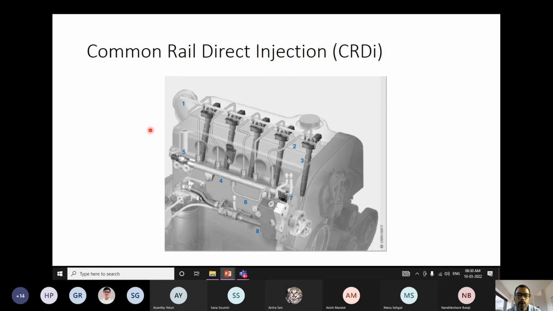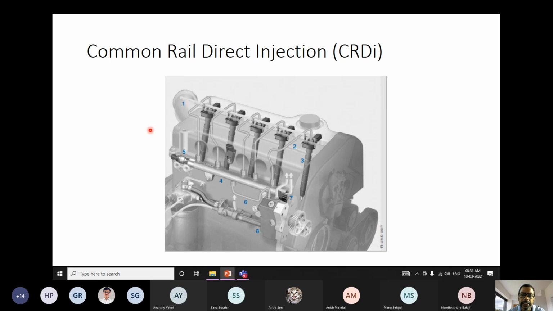So this is the name of the fuel injection system that nowadays all diesel engines are equipped with. OK, Common Rail Direct Injection System. This is the latest technology we have in the diesel engine, through which the fuel injection takes place, and it has a lot of flexibility.